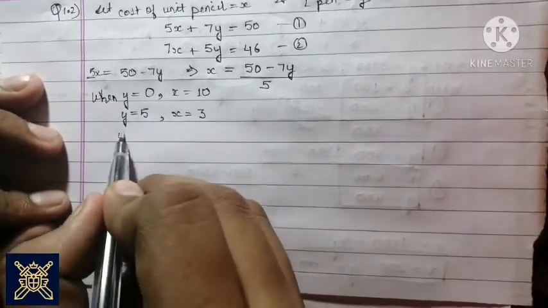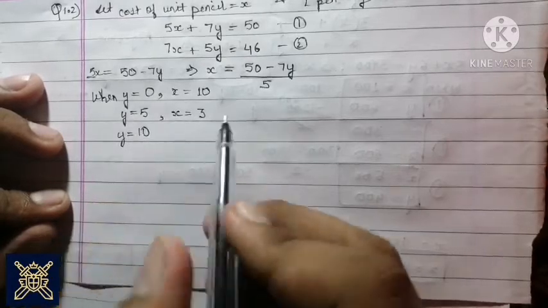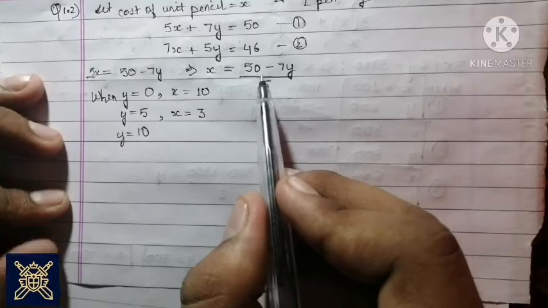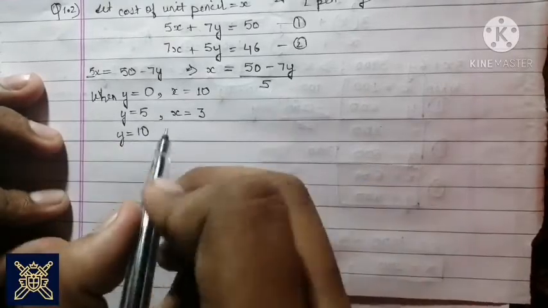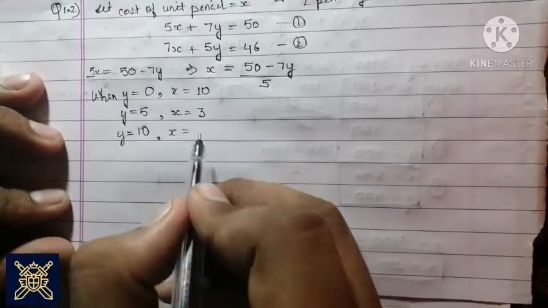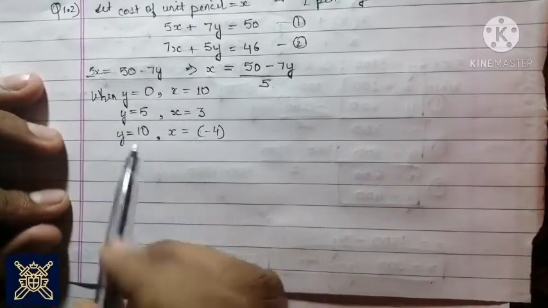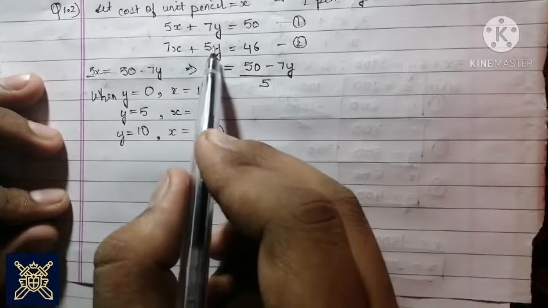When y is equal to 10, 50 minus 70 is minus 20, and minus 20 by 5 gives x as minus 4. So again you have found the 3 points, and now it's time to take the second equation.